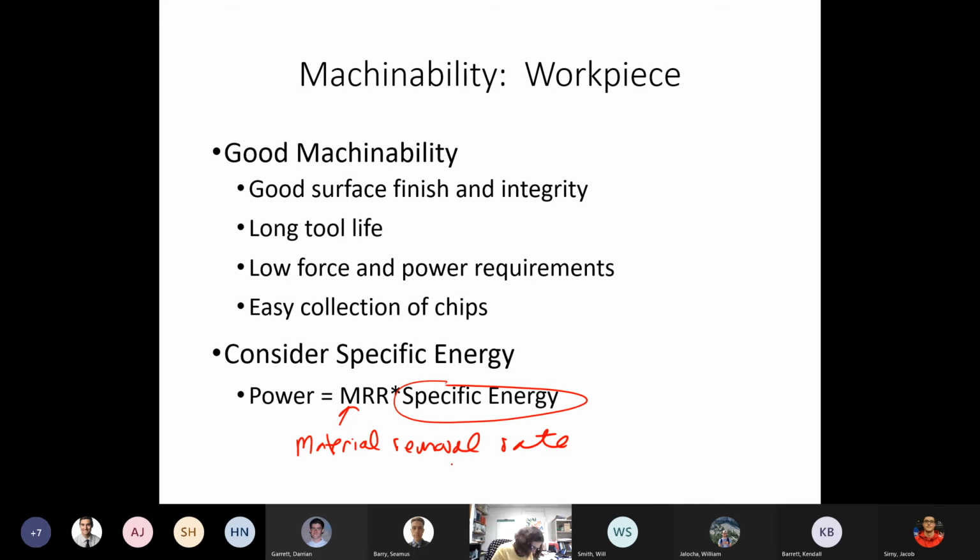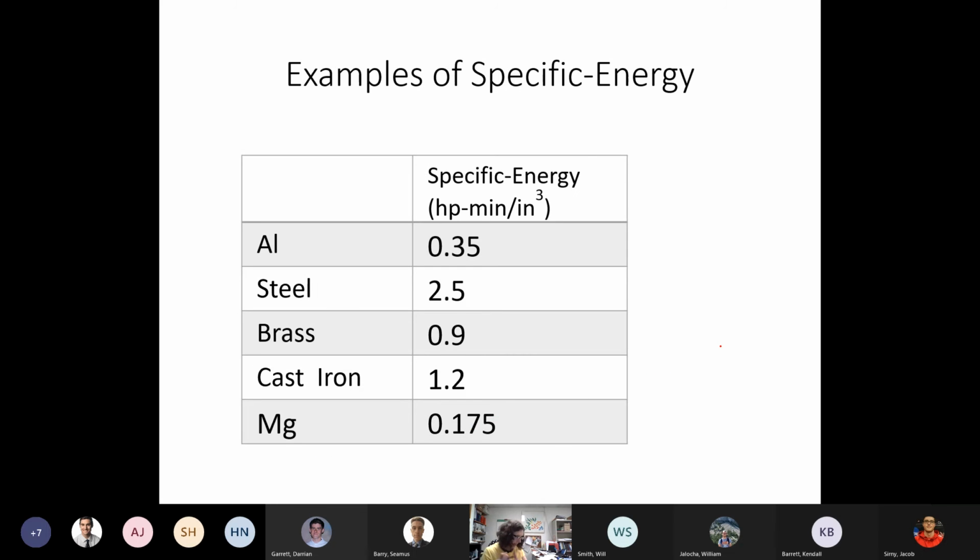This is going to be in cubic inches per minute, for instance, and then your specific energy, this is a material property, is going to be power divided by material removal rate. So here we have the specific energy of some materials. And again, it's horsepower divided by cubic inches per minute. So that's why you have horsepower minutes per cubic inch.